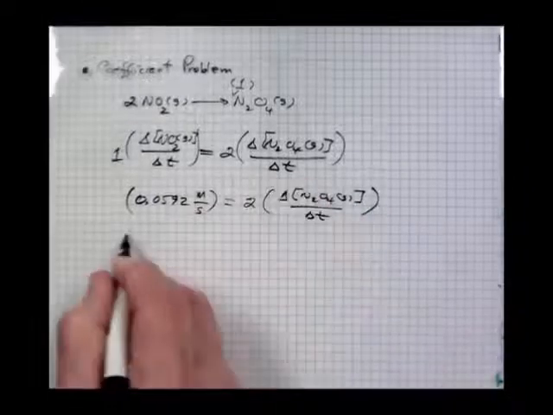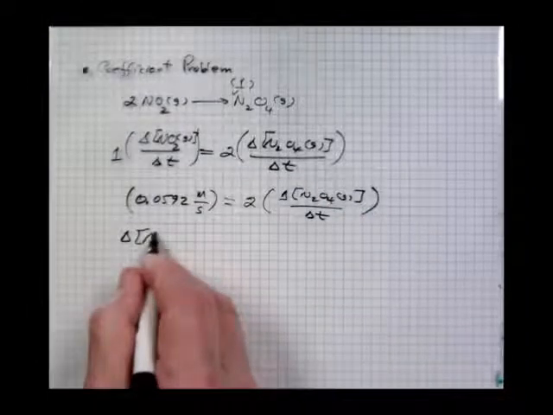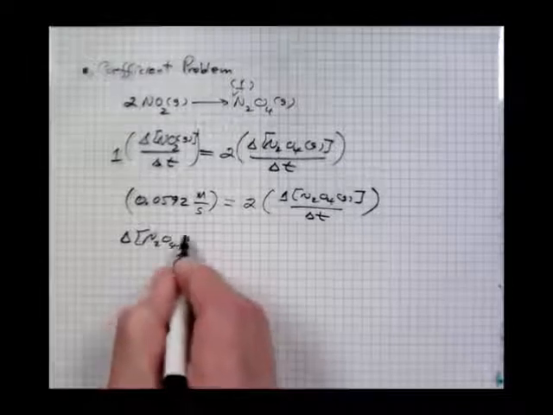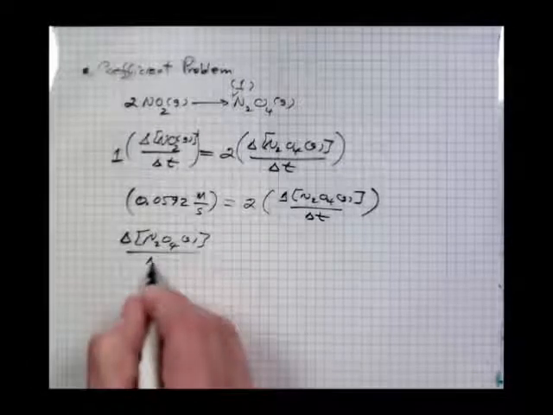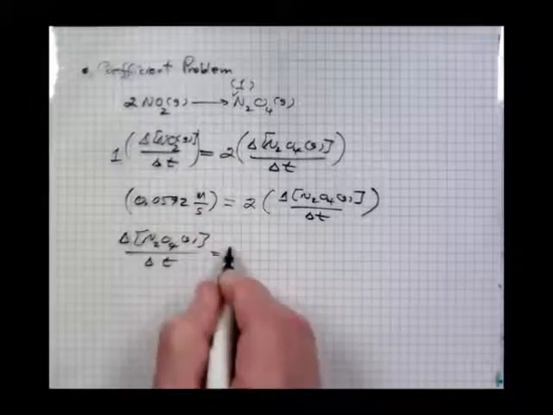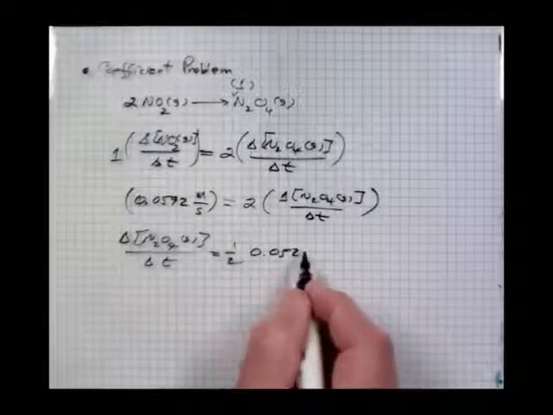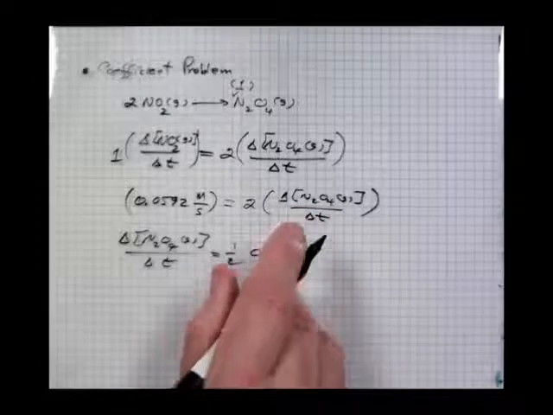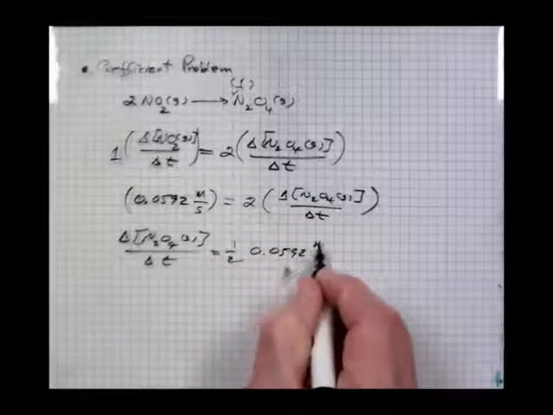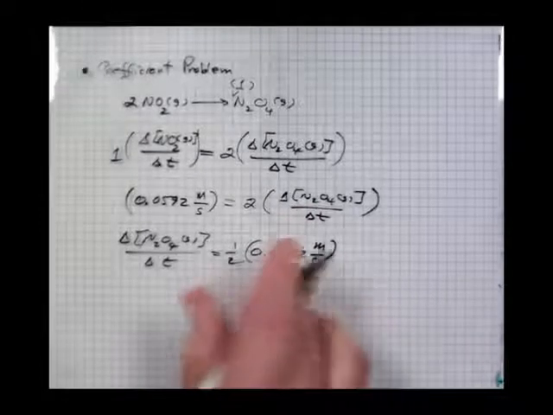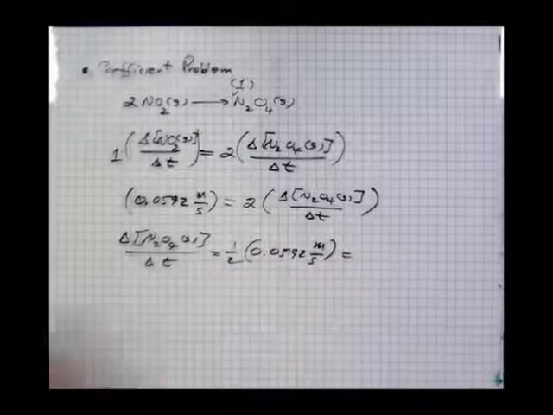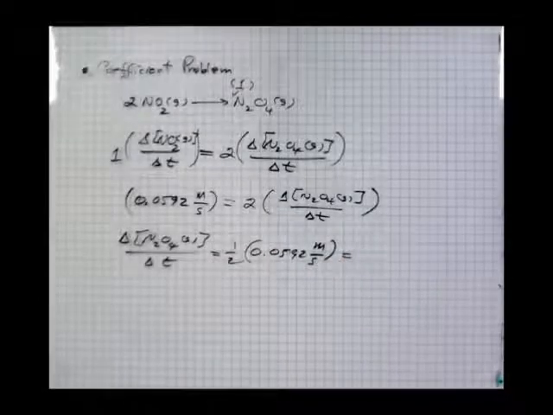And so by solving for the unknown, we have 1/2 of the 0.0592 mole per liter per second.